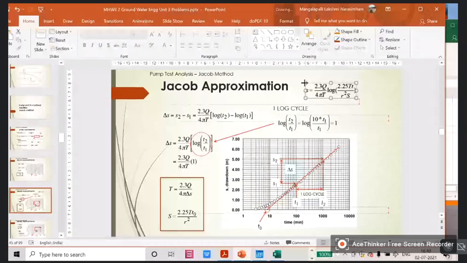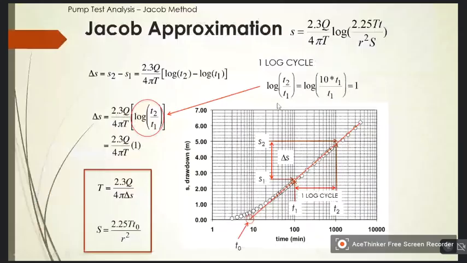I'll write S2 is equal to, similarly S1 is equal to, so I have two equations.